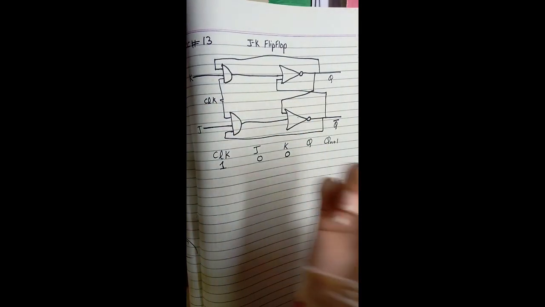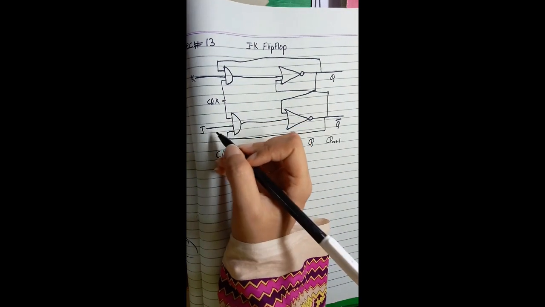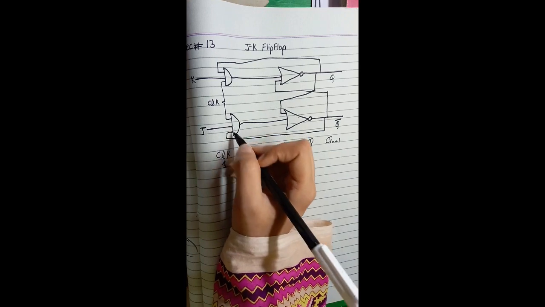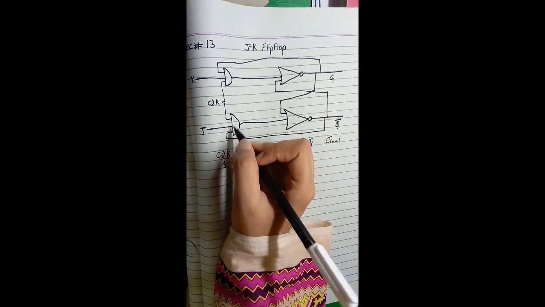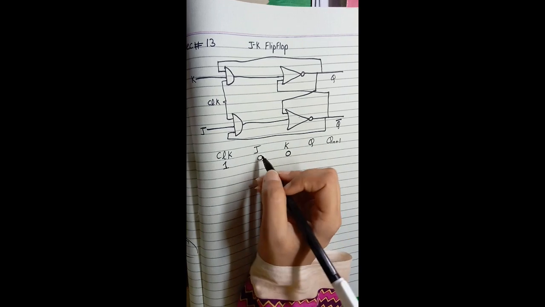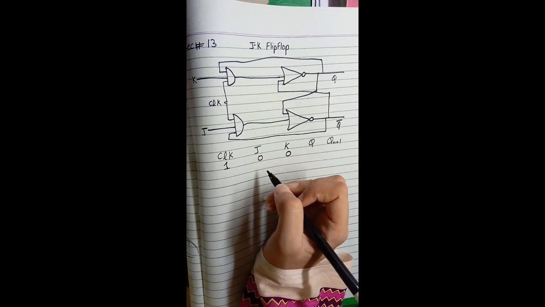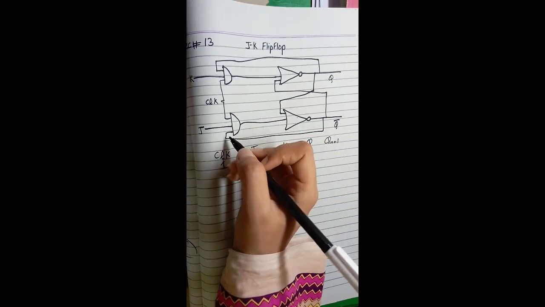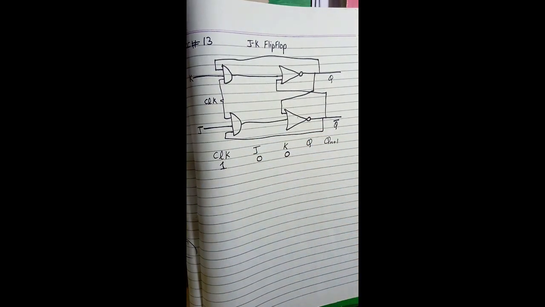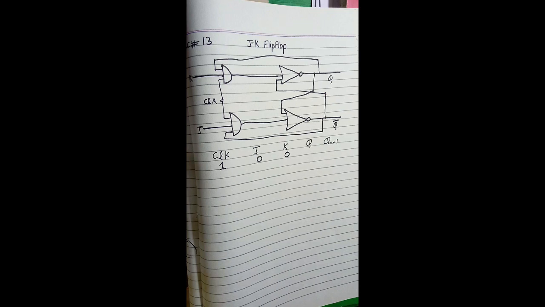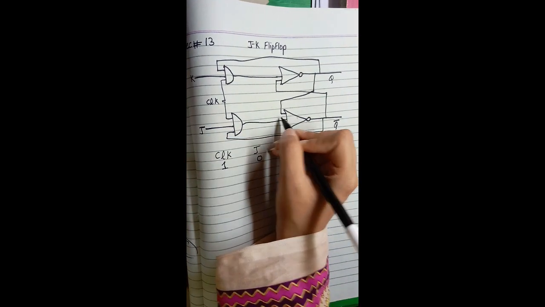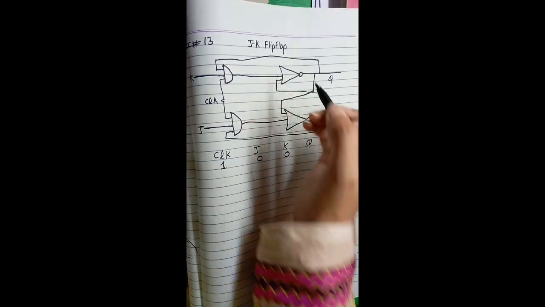As the clock is 1 and the first input J is 0, according to the AND gate, whenever our input is 0 the output will be 0 because it multiplies. So 1 into 0 will be 0, and we will not consider the other input, whether it is 1 or 0, the output will be 0 in any condition. So we will have 0 here and the same we have 0 here.